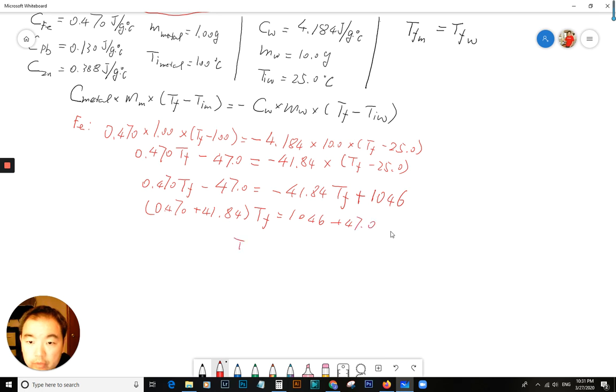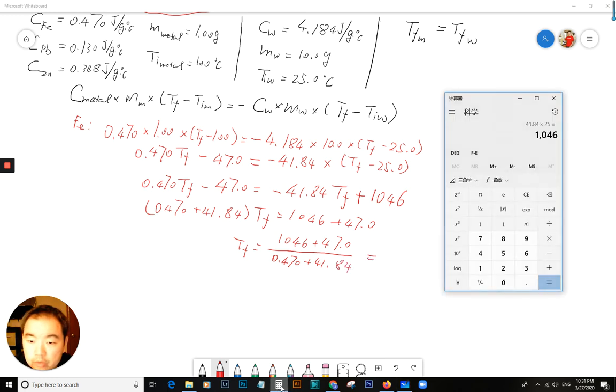Okay, and then the final temperature is going to be 1046 plus 47.0 divided by 0.47 plus 41.84. Then we put that into the calculator.